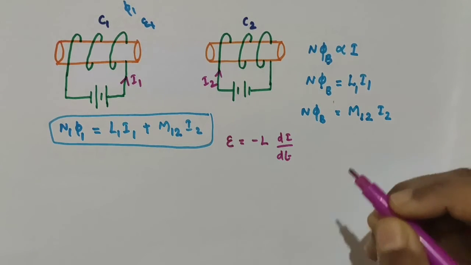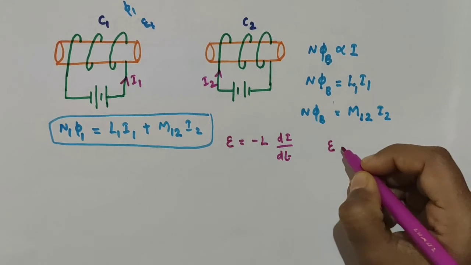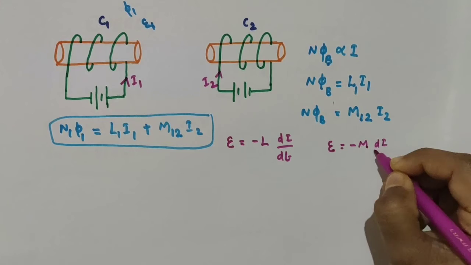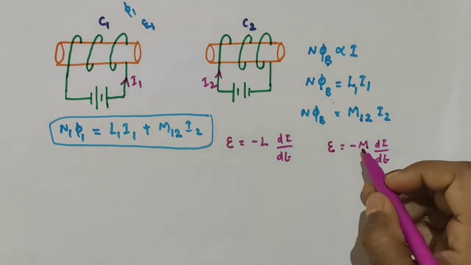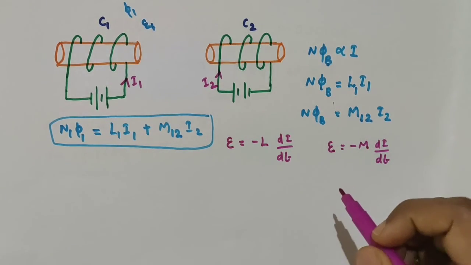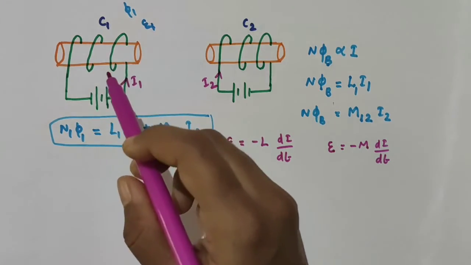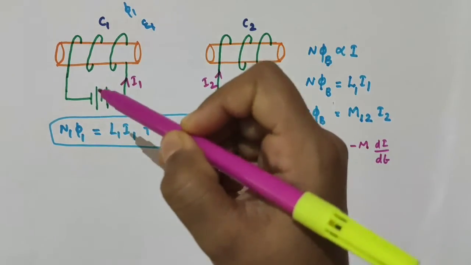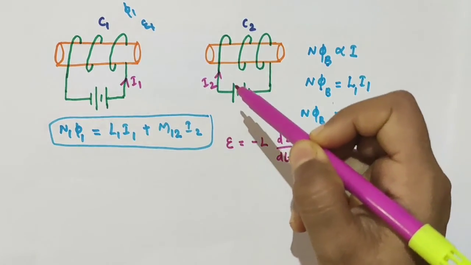In the case of mutual induction, the induced EMF epsilon can be written as minus M into di divided by dt, where M is the coefficient of mutual induction or mutual inductance. So the EMF induced in this coil C1 will be the sum of the self-induced EMF plus the EMF induced due to the mutual induction.